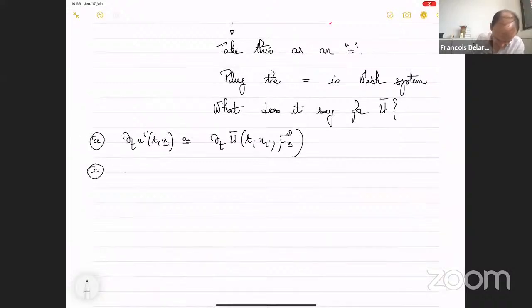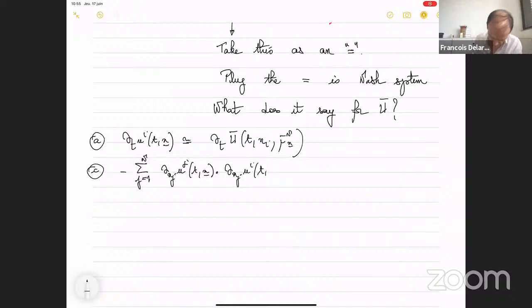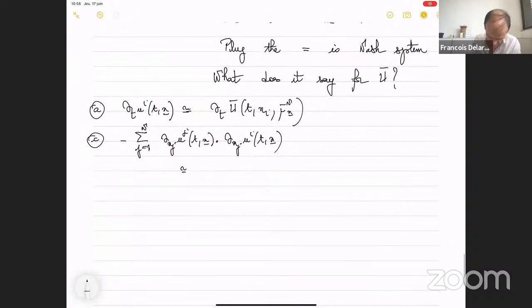In C, what I have is the sum j from 1 to capital N of dxj u underline t xj, inner product dxj u underline t xi. And now I say, well, this is approximately equal to, and now I have to be really, really careful.